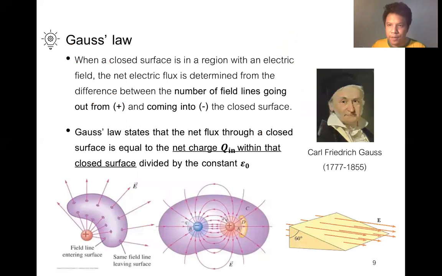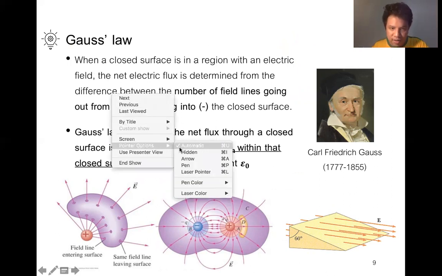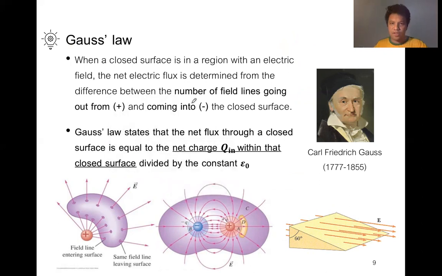So, Gauss's law. Now, how are we going to apply the concept of electric flux in calculating the electric field? Okay, so Gauss's law says that when a closed surface is in a region with an electric field, the net flux is determined from the difference in the number of field lines going out.